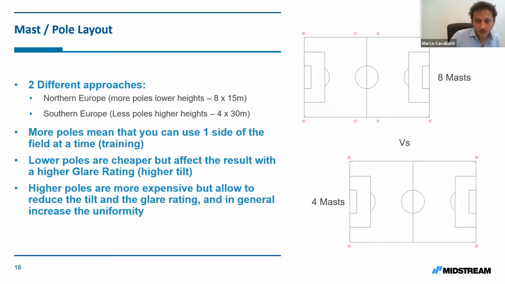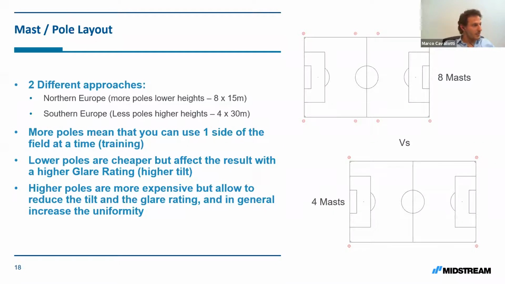Higher poles, so the second layout I'm going to show you, are more expensive, but allow to reduce the tilt and reduce the glare rating and generally increase the uniformity on the football pitch, on actually any sport facility.